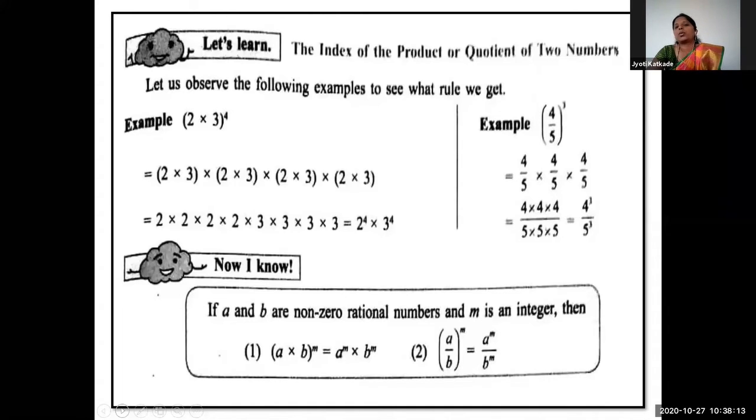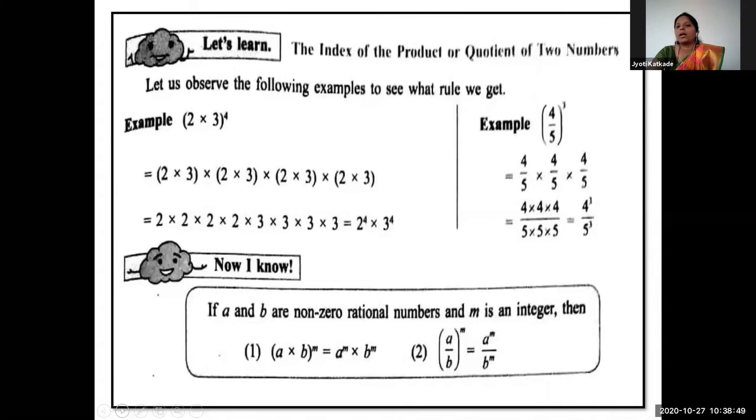So 2 into 3 bracket raised to 4 is equal to 2 raised to 4 into 3 raised to 4. The meaning of this is, if the power of the bracket is given, then this power applies to each number in the bracket in the multiplication form. Both numbers have the same power which is on the bracket.